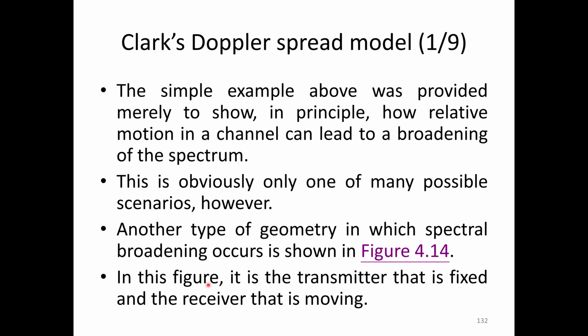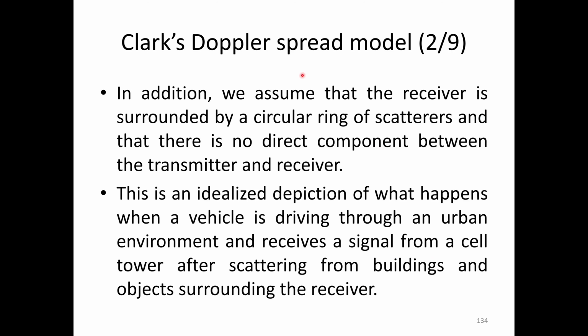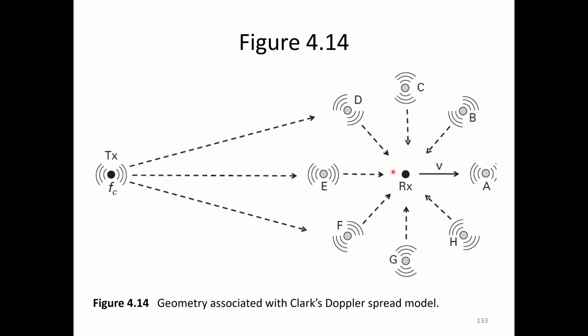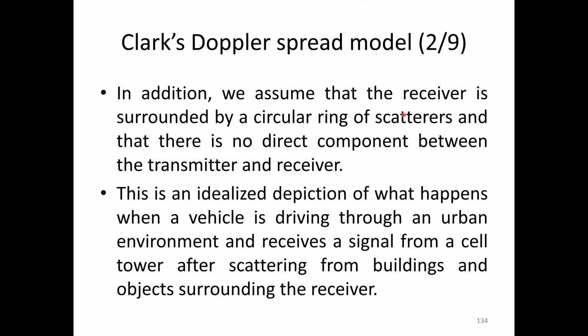Okay, in this figure, it is the transmitter that is fixed and the receiver that is moving. In addition, we assume that the receiver is surrounded by a circular ring of scatterers. Okay, totally 8 scatterers.